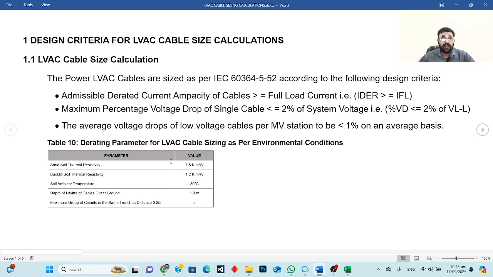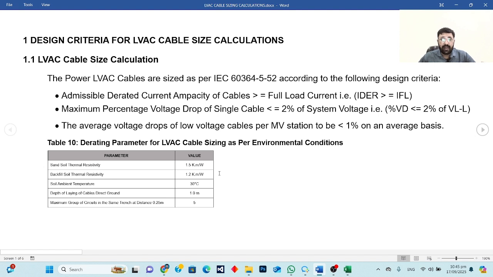So when we have to calculate the derated ampacity of the cables, we need some factors to analyze, and on the environmental basis, we have to derate the cable ampacity.